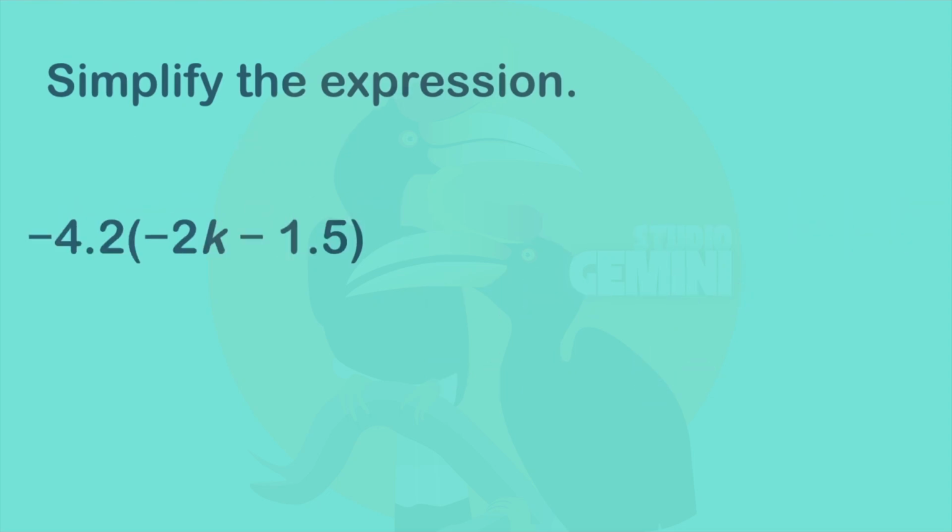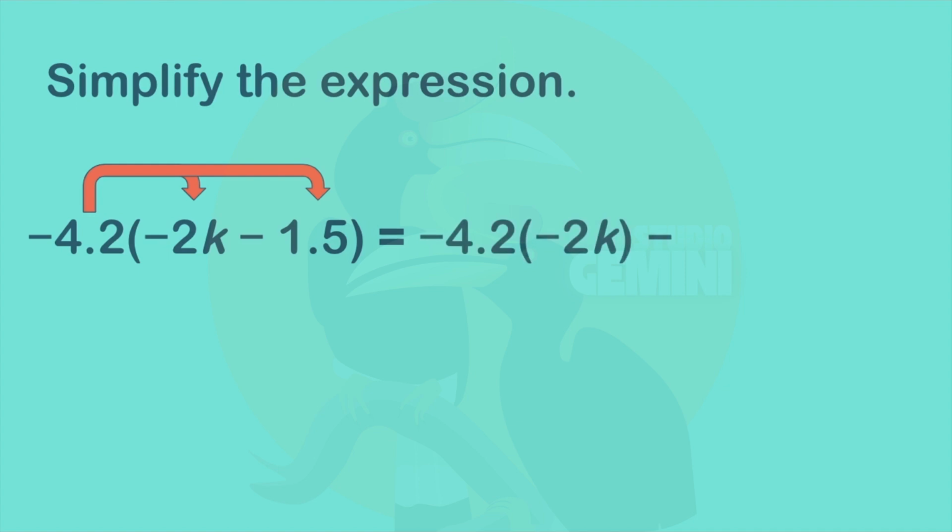In this final example, negative 4.2 should be distributed to negative 2k and 1.5. The math operation between the terms in the parentheses is subtraction, so this should remain between the terms after multiplication. Negative 4.2 times negative 2k minus negative 4.2 times 1.5. Now simplify.